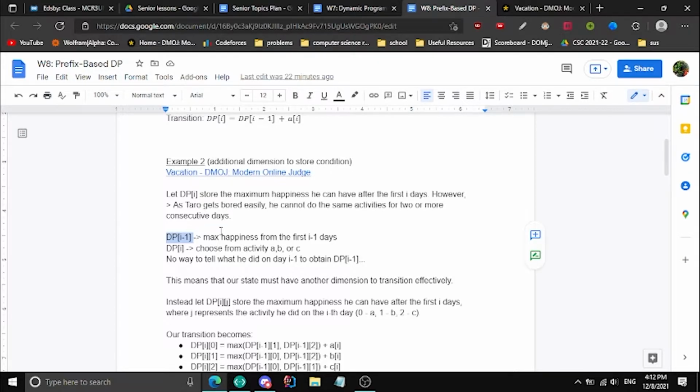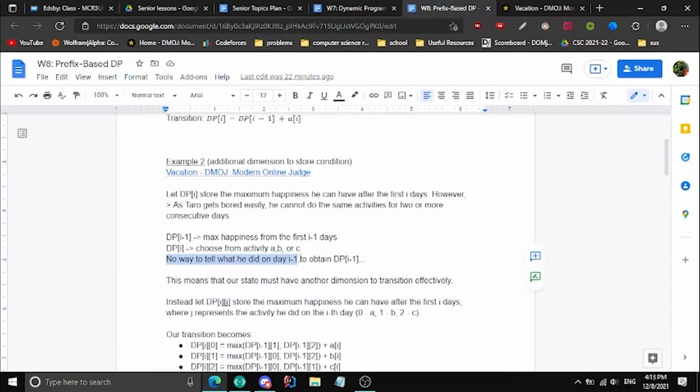If I know the maximum happiness from the first I minus 1 days, for the ith day, if I were to choose from activity A, B, or C, there's no way to tell what he did on day I minus 1. If on day I minus 1 he chose activity A and obtained the maximum happiness stored in DP at I minus 1, then if he chooses activity A again for day I, that would be invalid.